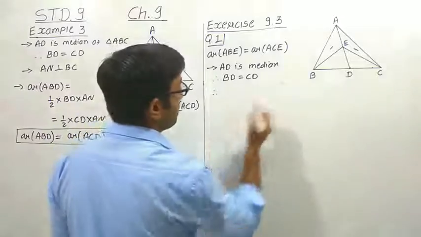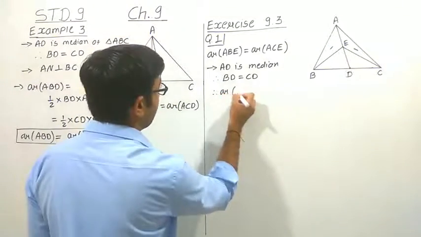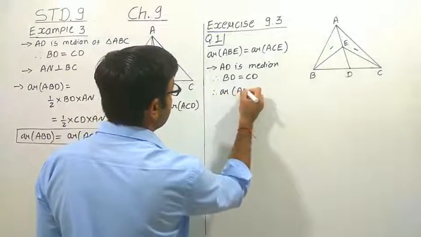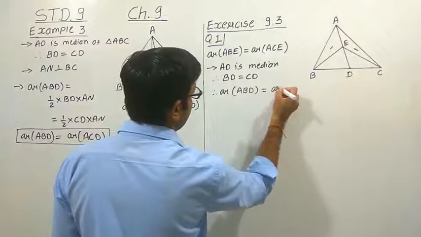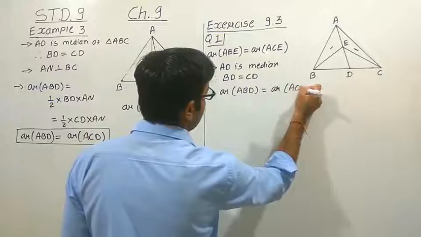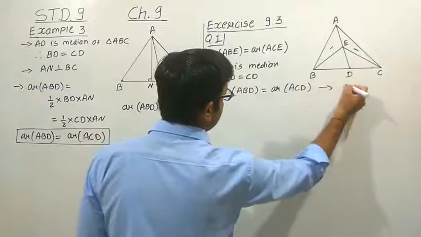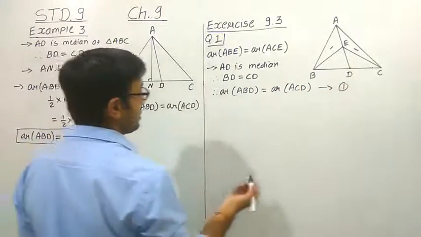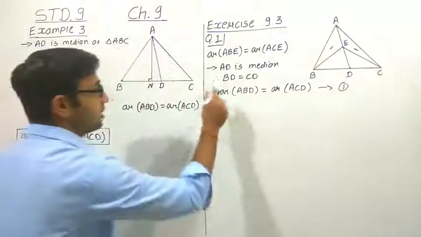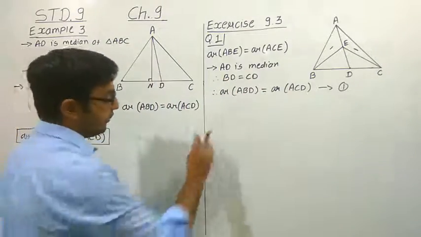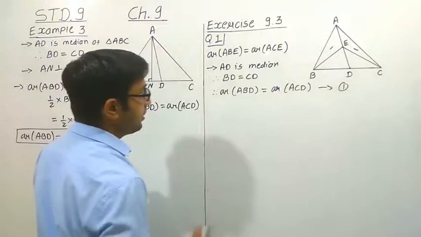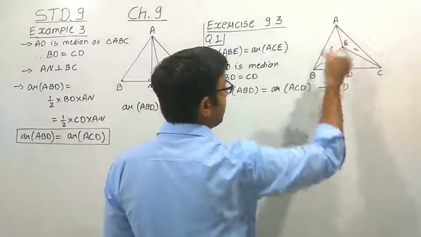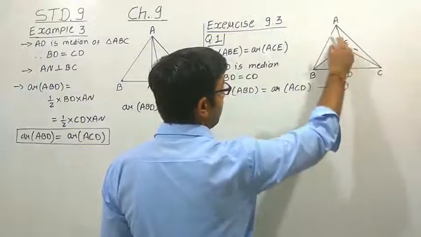Therefore, here also we can write down that area of ABD is equal to area of ACD, right? Give it equation number 1. What is the reason? Reason is that AD is the median, and therefore the areas are equal. Now, here we have the area of ABD, and we require the area of AB.